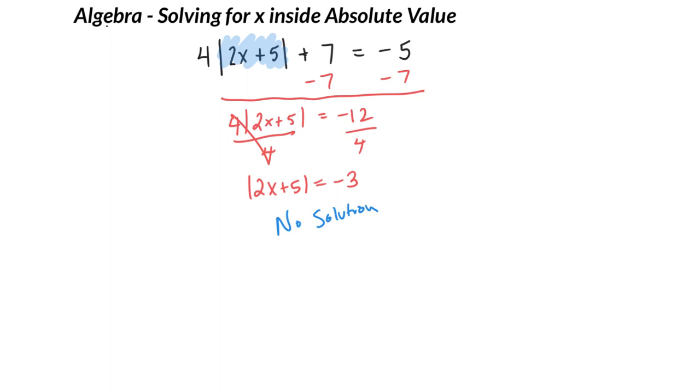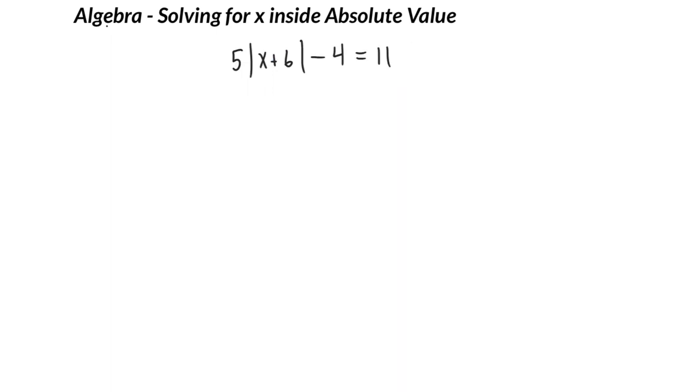Let's do one more. 5 times the absolute value of x plus 6, minus 4, is equal to 11. Leave this till the end. So I'm going to add 4, and divide by 5.